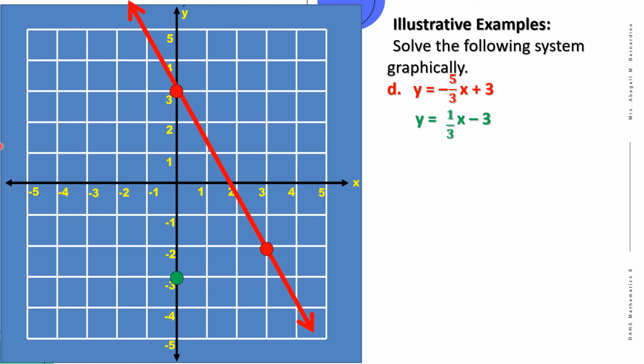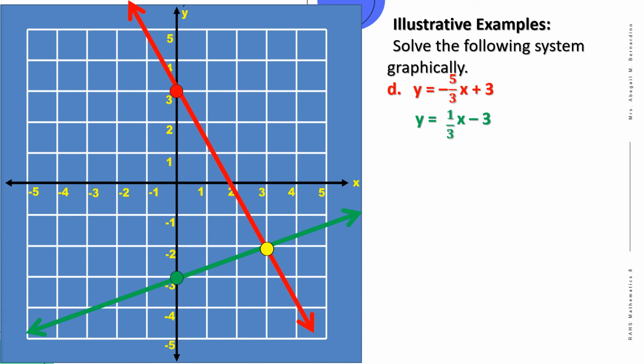And we have a slope which is 1/3. Once again, we're going to move upwards 1 unit and 3 units to the right. So, 1. Then, 1, 2, 3. Then, here is the second point. Then, connect the points.